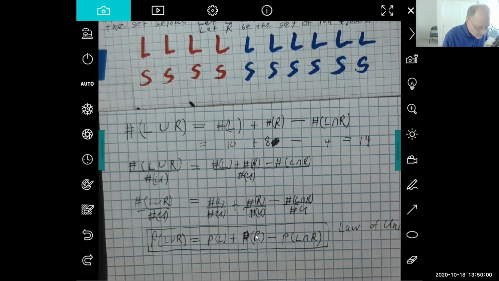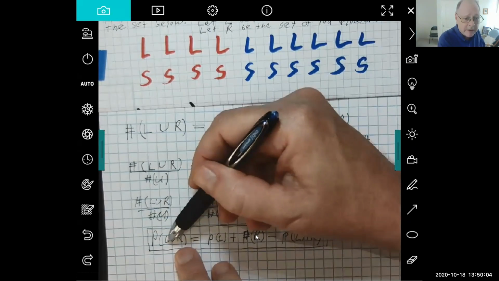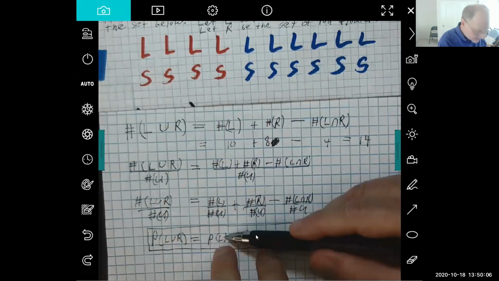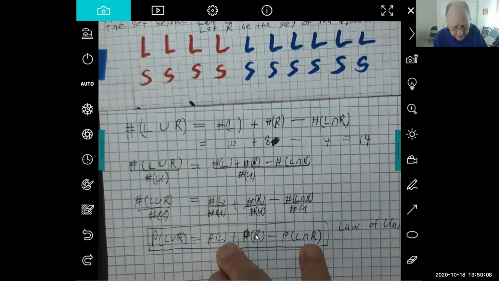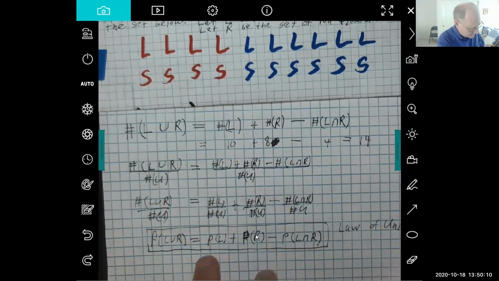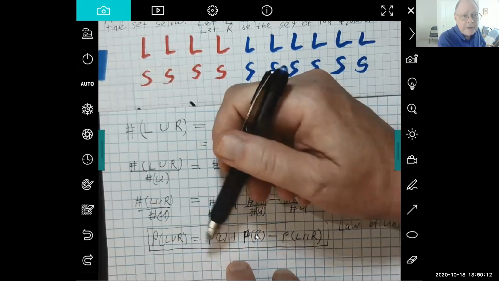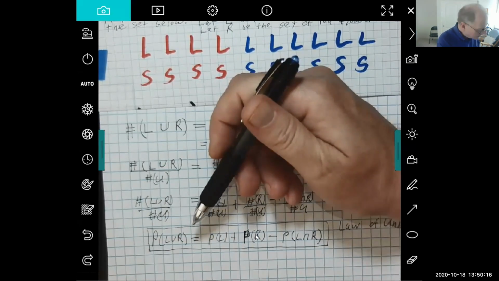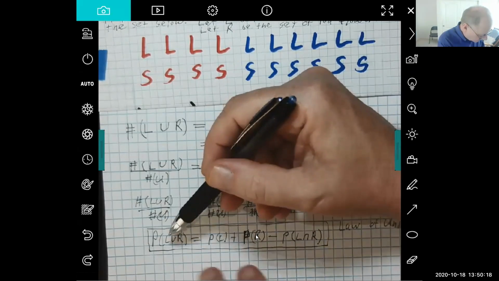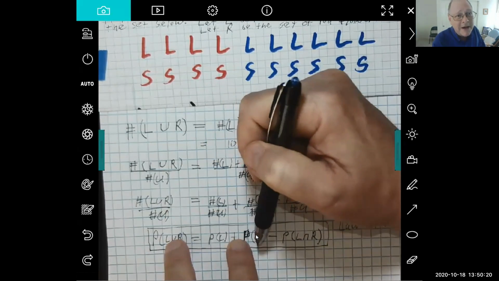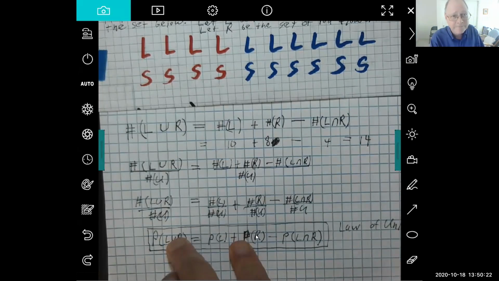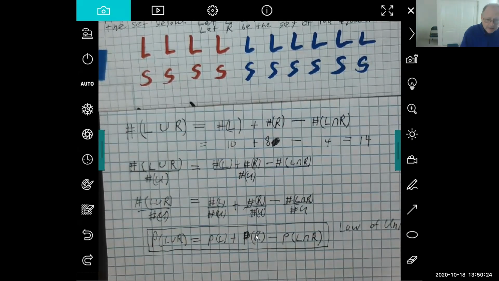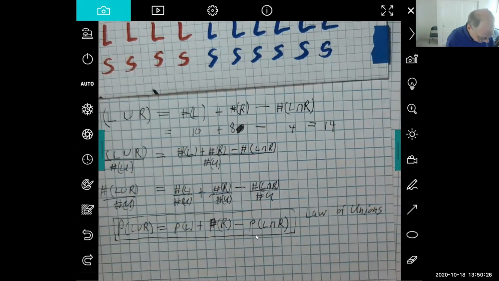Because of the way it's written, you're thinking, okay, I can use this to find the probability of the union if I know these other 3 probabilities, and that's true. But like any equation, if you know all the variables except for one, you can find the thing that you don't know. So if you knew any 3 of these 4 things, you could find the other one using this equation. So that's the law of unions.